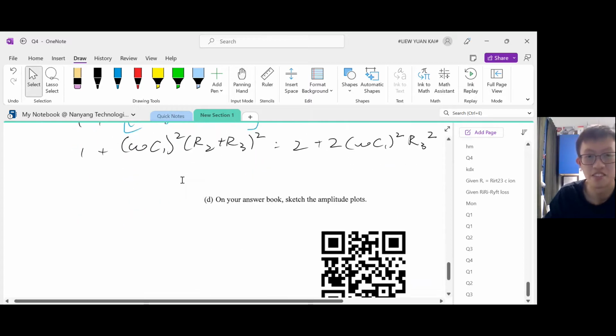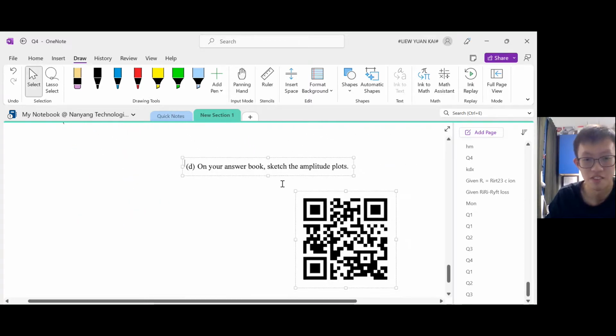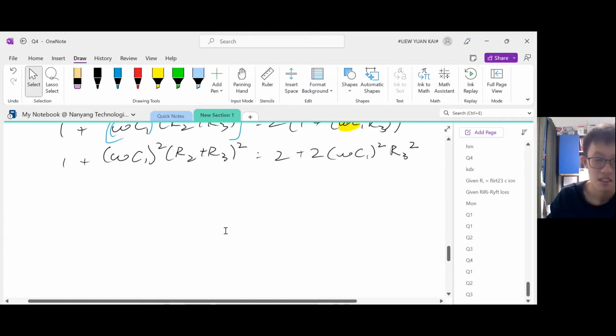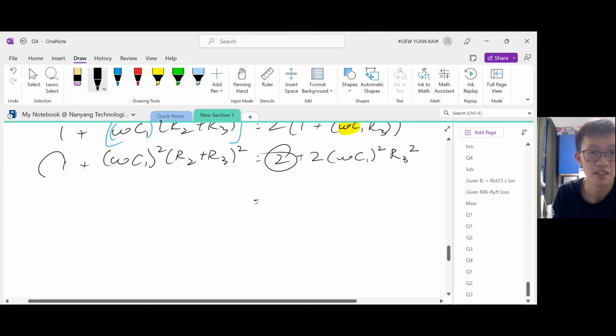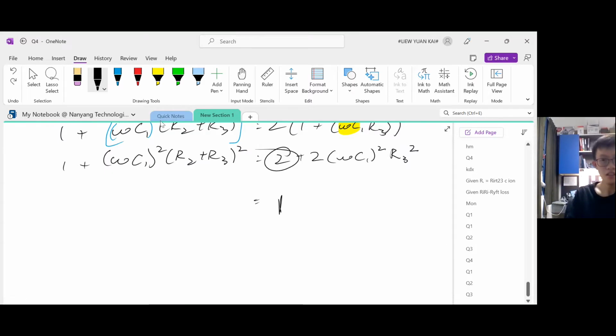I'm just using my creativity to work out this problem. I have no idea whether this is right or wrong. So you see, I take 2 minus 1, I'll get 1. Okay, 1 here. 2 minus 1, I'll get 1. Then the term, this, I keep it to this side, and this, I'm gonna bring it over to this side.